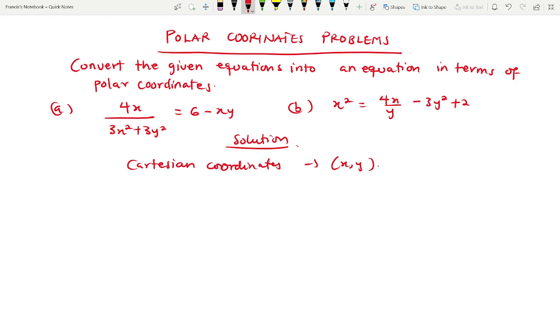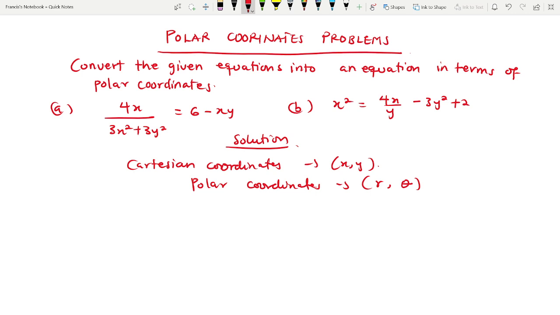But whenever you want to convert to polar coordinates, you ask yourself, what are the parameters of polar coordinates? What do I need? Polar coordinates require you to find the magnitude as well as the direction, theta. So what is the relationship between x, y, and r and theta?